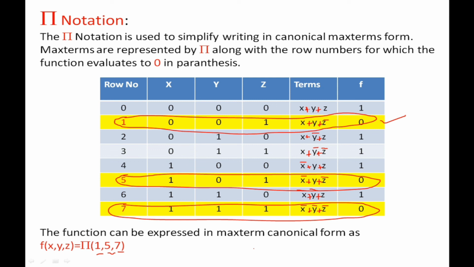A function which evaluates to 0 will be part of my maxterm canonical form, and those row numbers will be a part of my maxterm expression. The minterm is represented with the symbol summation, whereas the maxterm is represented using the symbol pi. Hope you have understood the difference between the canonical minterm form and the canonical maxterm form.